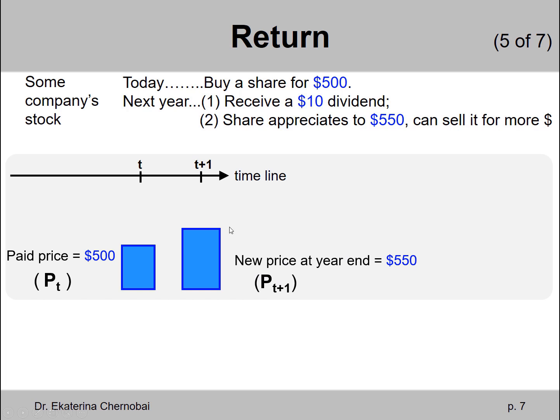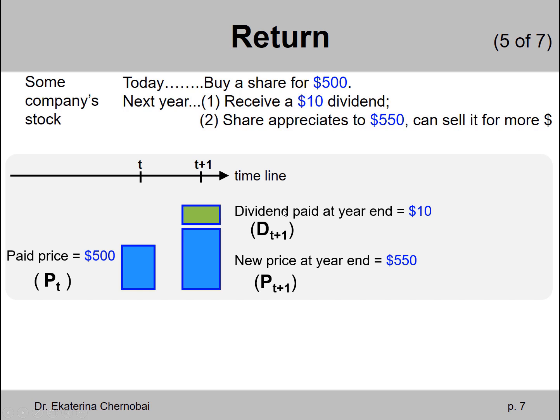The second thing that you can also receive, right, if you sell your share, you got $550 for it, but that's not the only source of income for you over the year, because on top of that you also received a $10 dividend.